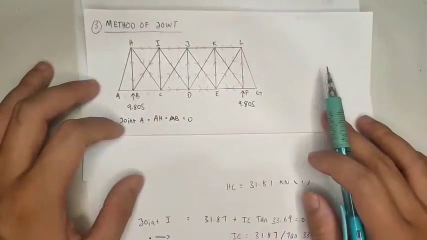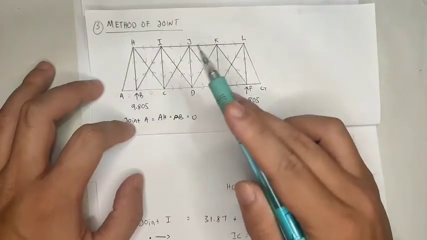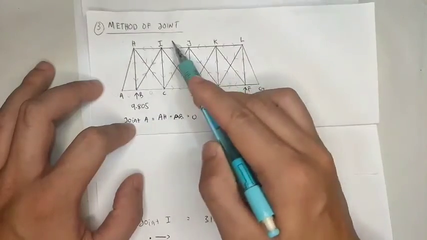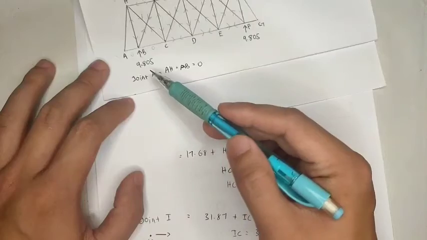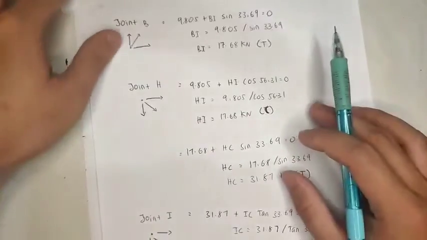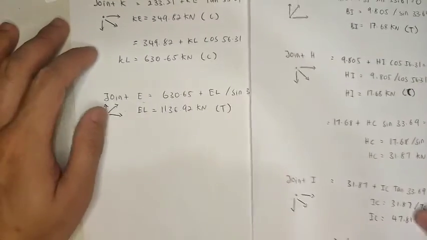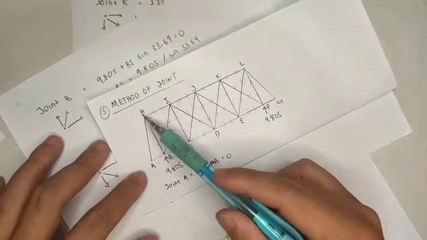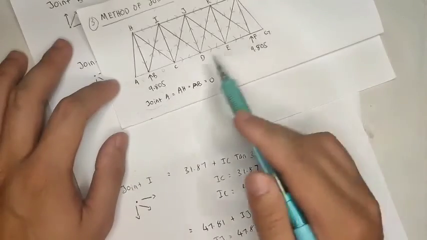The last part is we must calculate the internal force of each member. So we use the method of joints. We will find the members using joint A, joint B, joint H, joint I, and all of the joints, and that is how we get the internal force for each member.